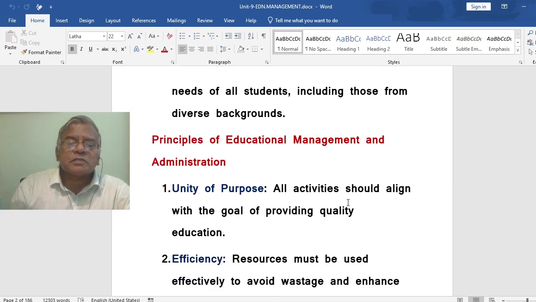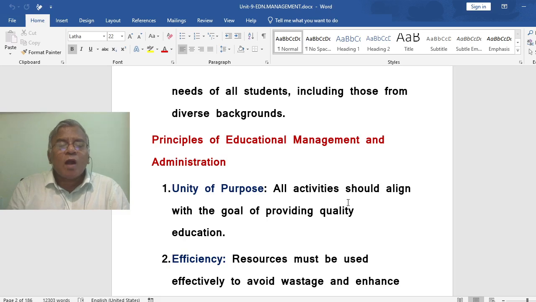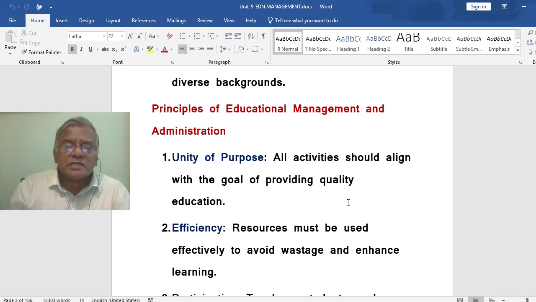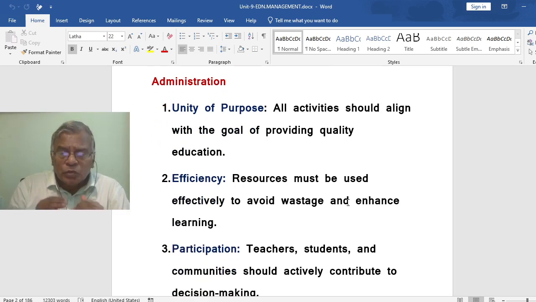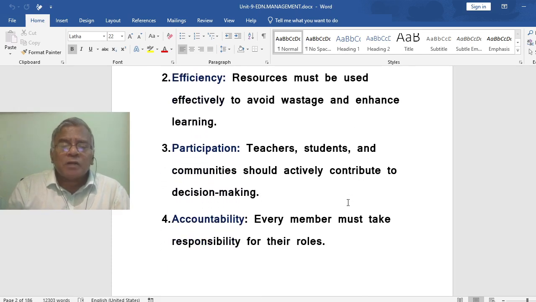What are the principles of educational management and administration? Unity of purpose: all activities should align with the goal of providing quality education. Then efficiency: resources must be used effectively to avoid wastage and enhance learning. Thirdly, participation: teachers, students and community should actively contribute to decision making.